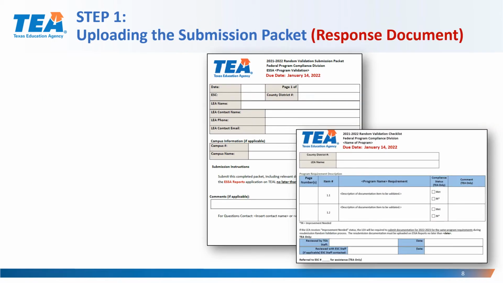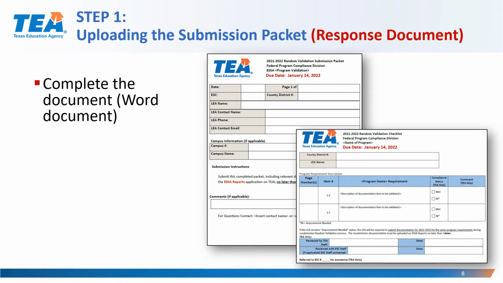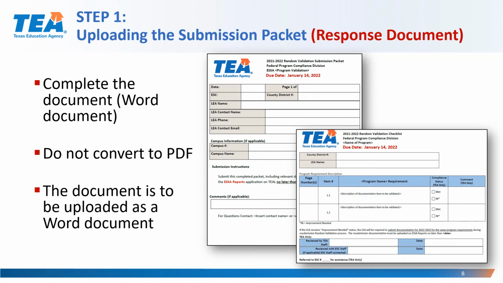We will now look at the uploading the submission packet response document specific instructions. So the LEA is to complete the document that consists of the cover page and the checklist in Word. Please do not convert the documents into PDF, and the document is to be uploaded as a Word document, which is the response document that the LEA is submitting first.